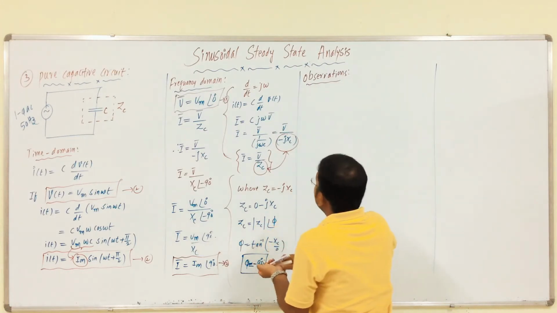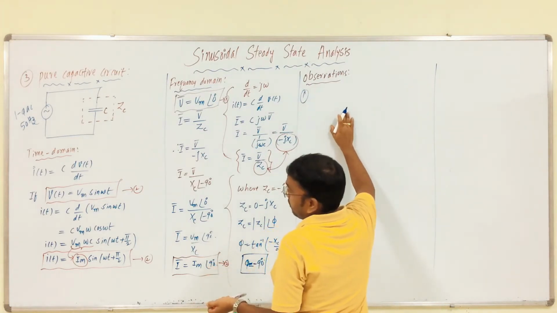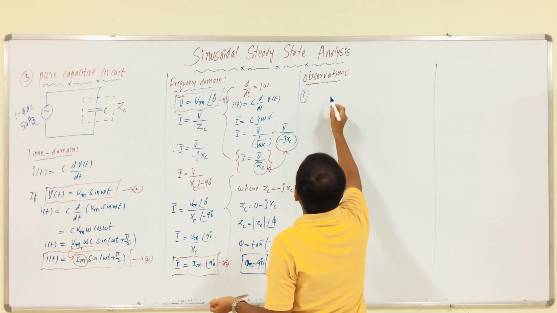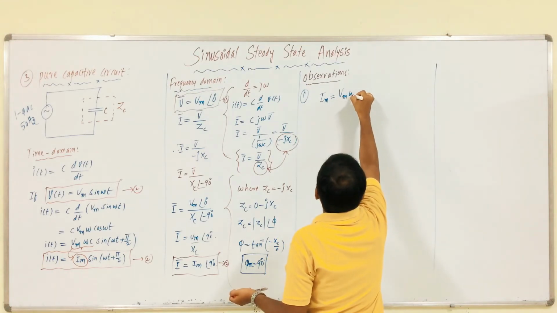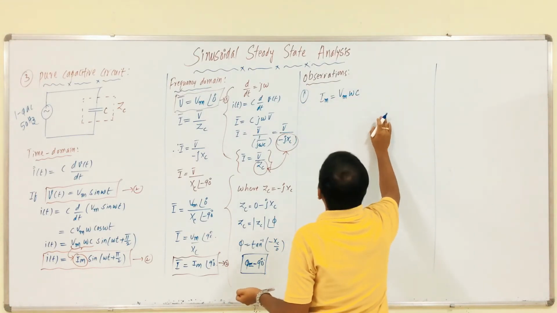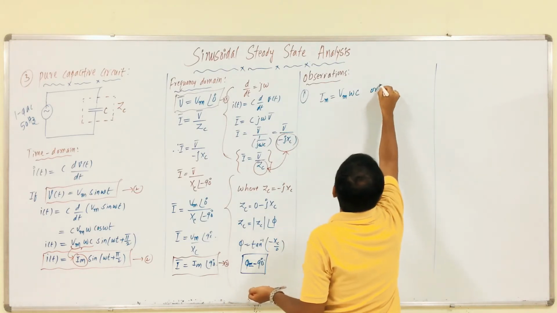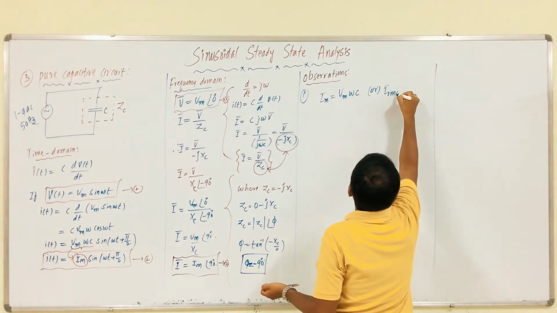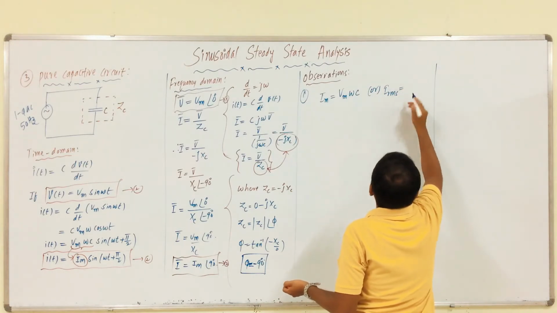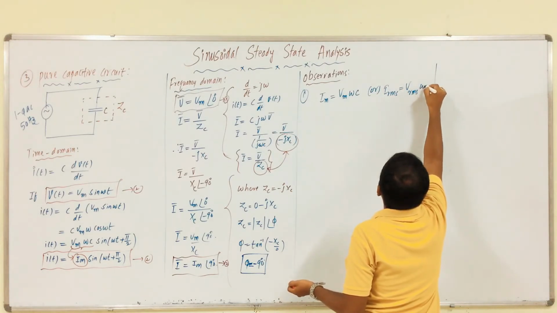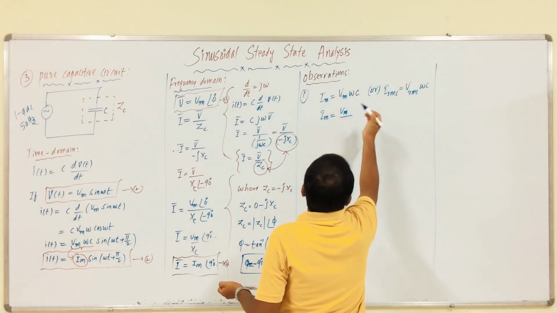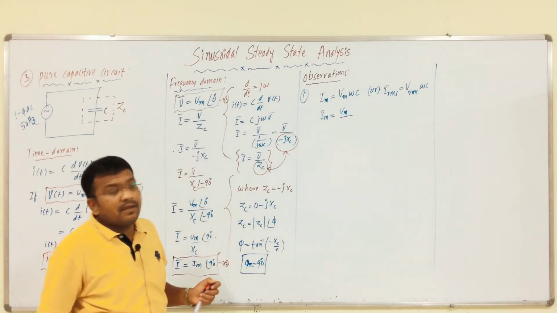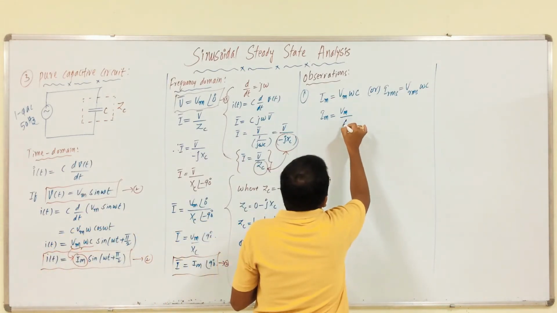What is the first observation? We have Im equal to Vm omega C, or Irms is nothing but Vrms omega C. We can write Im as Vm by 1 by omega C, which is nothing but XC, right?